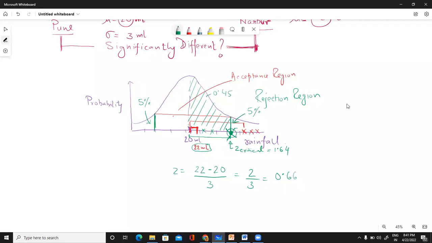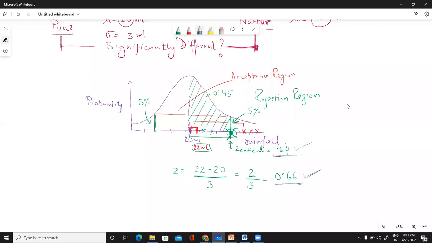So now what we do is we compare the Z critical and the Z value of the new mean, or the different place's mean. So this Z critical is larger than the Z value of the new value. So that means our new value is definitely in the acceptance region.